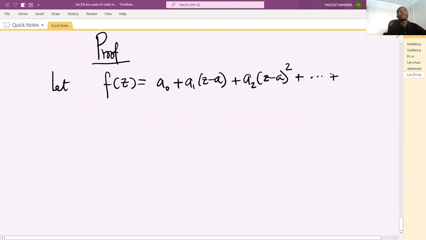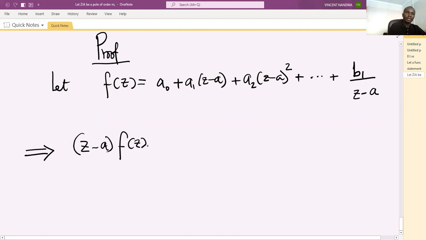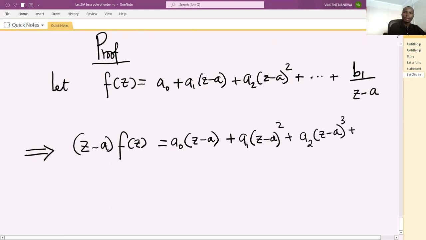Because the simple pole is at z equals a, this formula will stop at this point as per the Laurent series, which implies that you can multiply every term by z minus a.